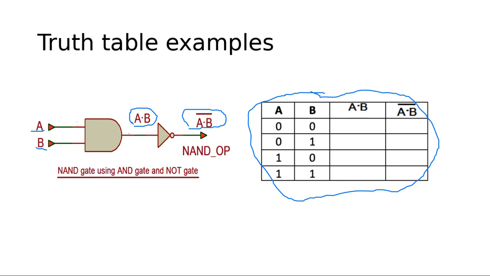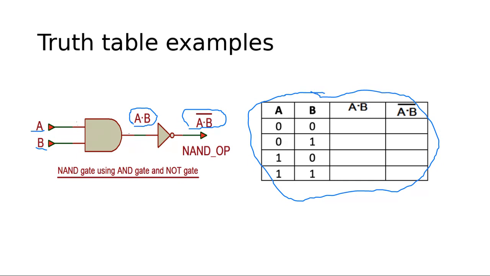Let's fulfill this table. There is A and B, the AND gate, you know the AND gate. If all of the inputs are 1, then the result is 1. Otherwise, the result is 0.